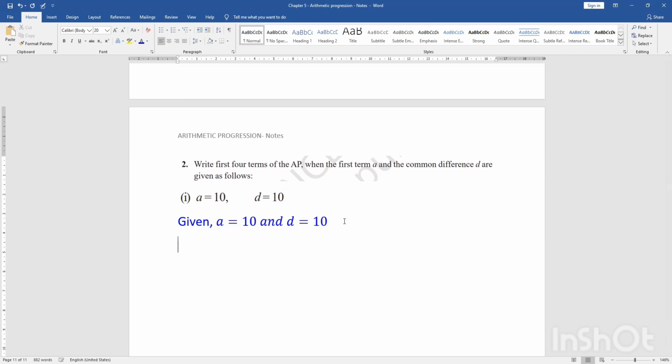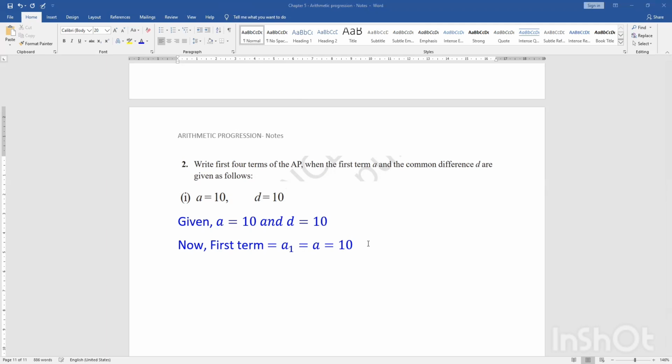Correct, children? So now let us see the first term. The first term will be equal to A1, which is also nothing but A, and it will be equal to 10. Right? So now what happens to the second term?